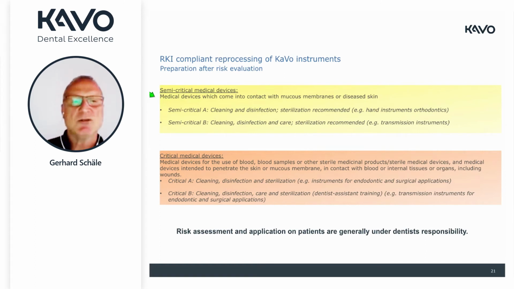That means the user of the instrument has clearly to divide the instruments into semi-critical or critical instruments. And the important point is that critical B instruments, which are hollow framed instruments, which do have contact to blood, which do have contact to penetrate the skin.